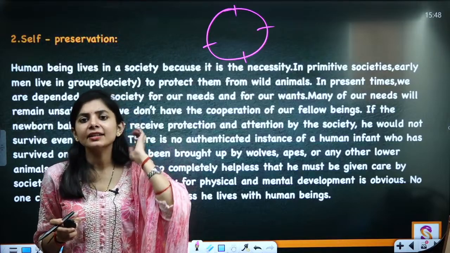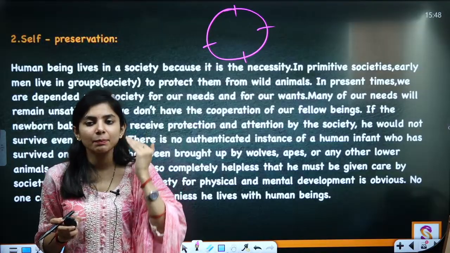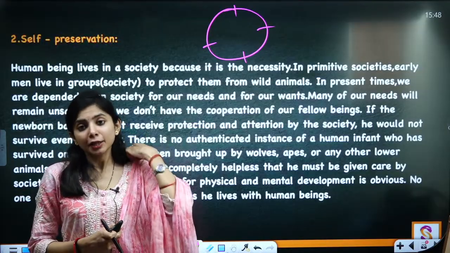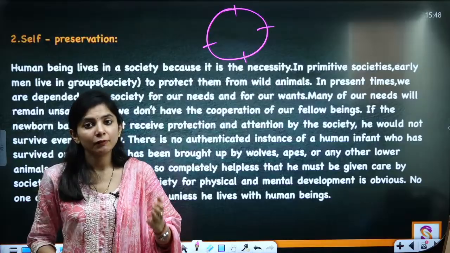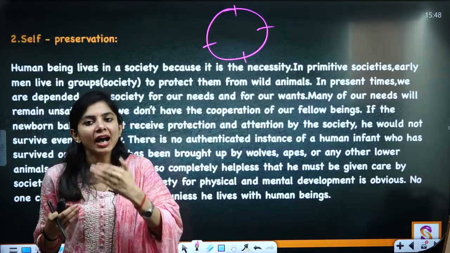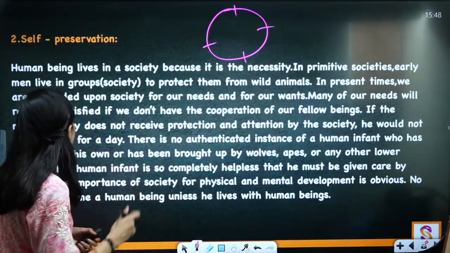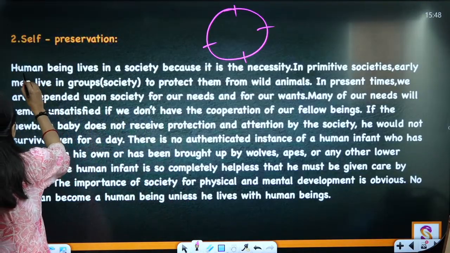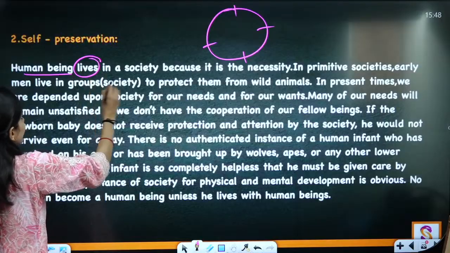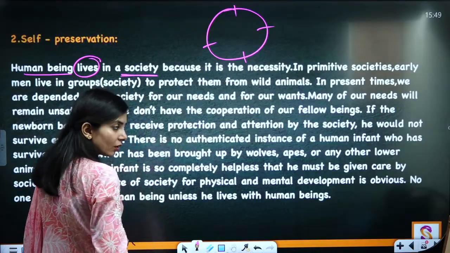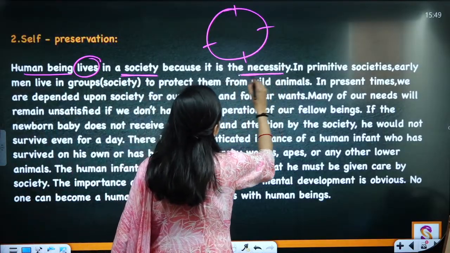So he said that society is created as a part of self-preservation. It means if you help me today when I need, I will help you when you need. So this is what we have specified: human beings live in a society because it is a necessity.